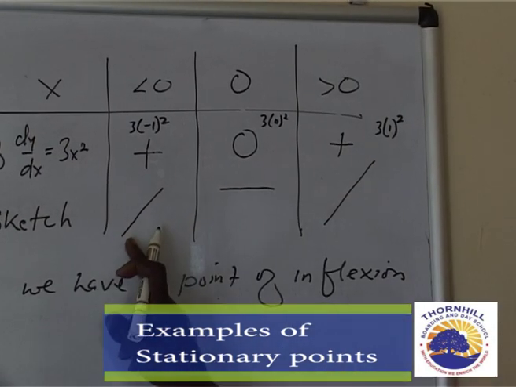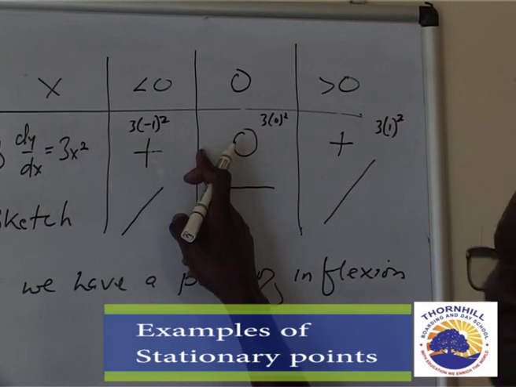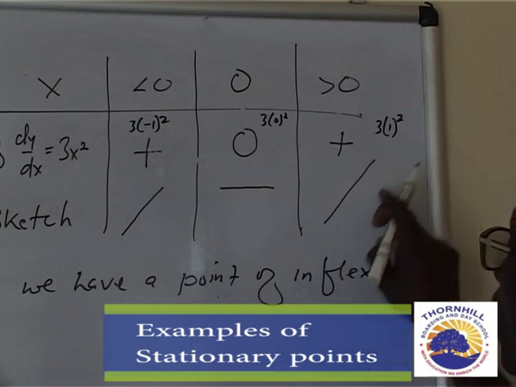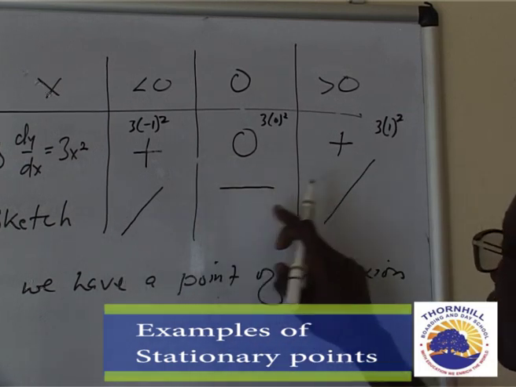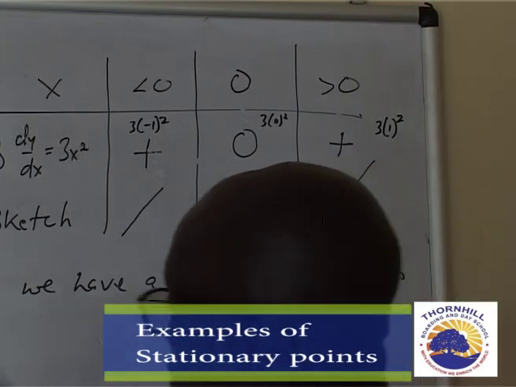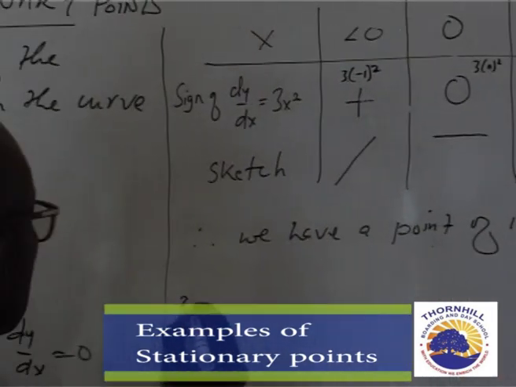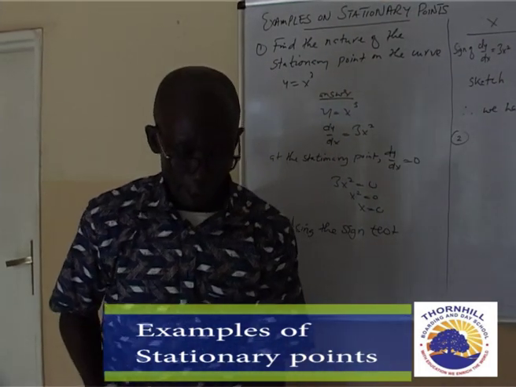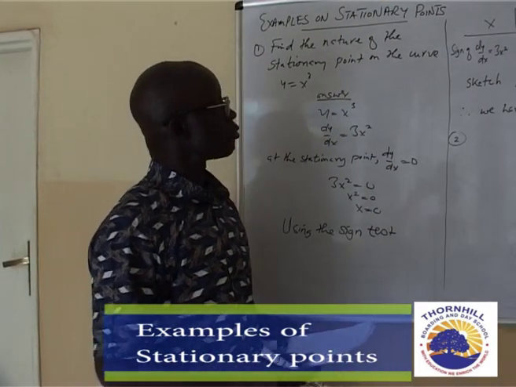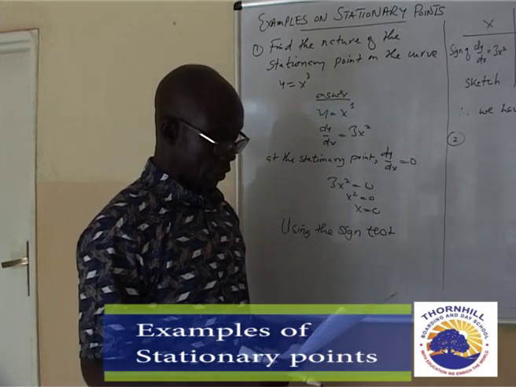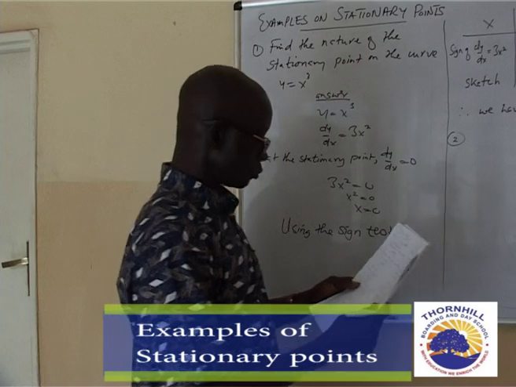So positive means the curve is going up. 0 means it is parallel to the x-axis. Up again. So when you see positive, 0, positive, then it is a point of inflection. So that's how we answer such questions. Unfortunately, since 2016, the ECZ has only brought one question on this. So I'm hoping this year they will bring a question on that. So let's look at example 2.